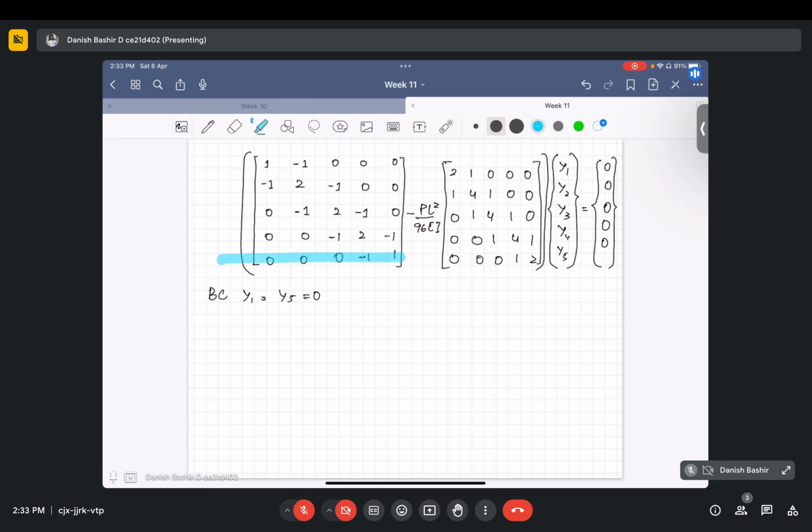So y5 equal to 0, and the fifth row and fifth column will wipe out, and likewise the first row and first column will wipe out because y1 and y5 are equal to 0. It will wipe out from this matrix also.